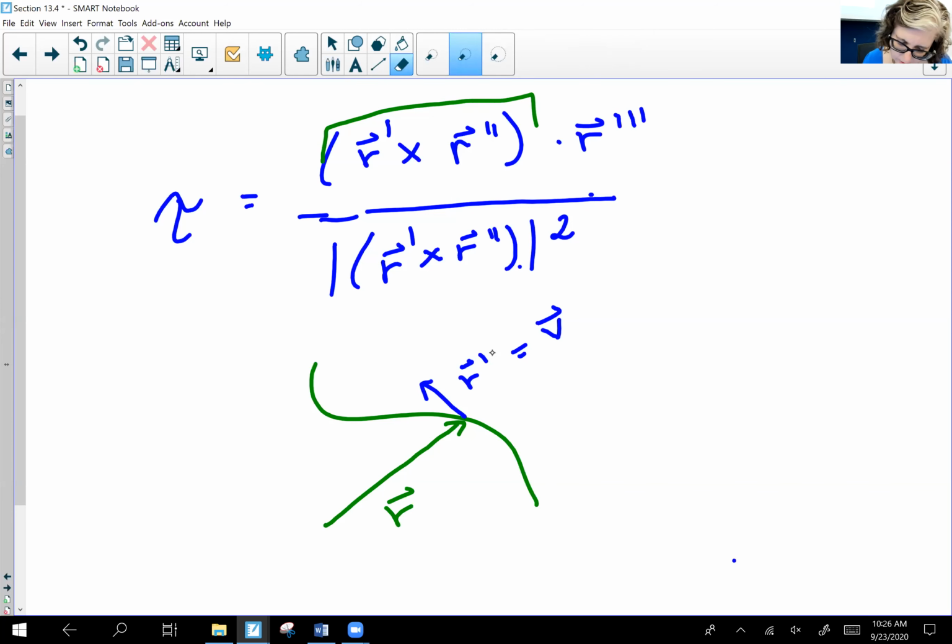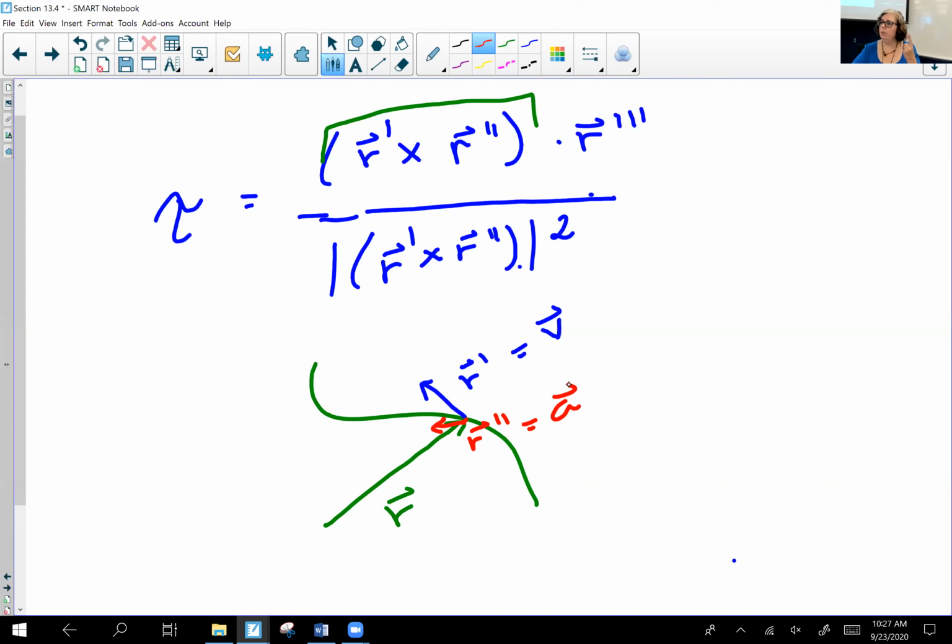The second derivative is basically my acceleration vector. That's why in the past I would always teach the binormal vector, because that's kind of physically what it is. So you do a cross product between your acceleration and velocity vectors, and then you look at that third derivative.